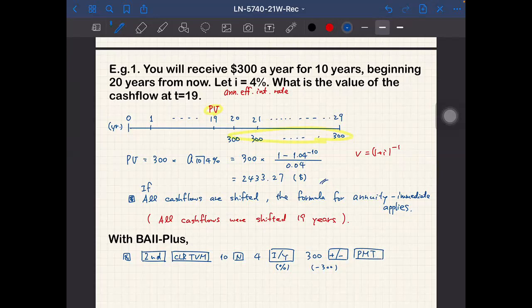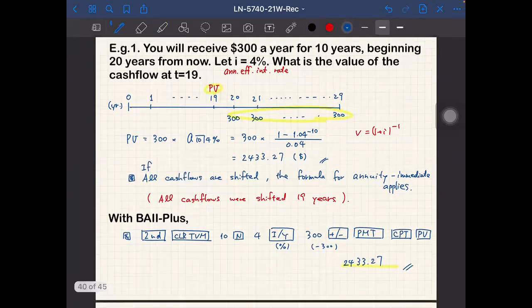Then we want to calculate the present value, so we press compute, CPT, then PV. Then we get 2433.27, more precisely 2433.2687. So we can get the same answer. Basically, annuity immediate and annuity due are defined so that we can quickly calculate them in the calculator.